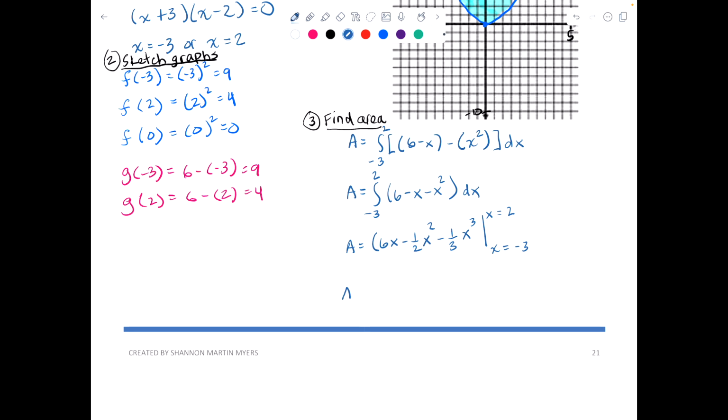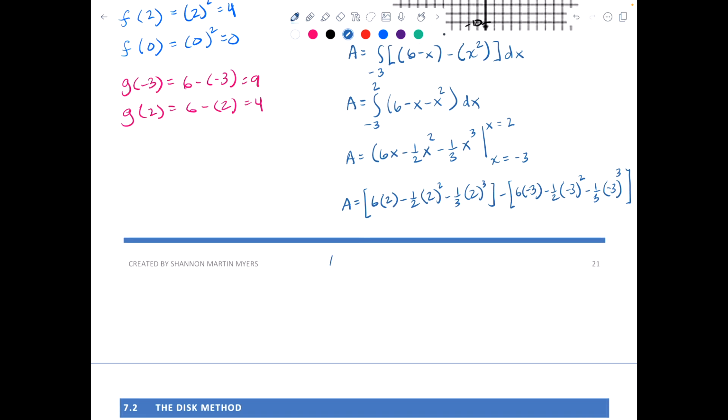So we will have area equals, the upper limit will be 6 times 2 minus 1/2 times 2 squared minus 1/3 times 2 cubed, and then subtracting that lower limit, we'll have 6 times -3 minus 1/2 times -3 squared minus 1/3 times -3 cubed.